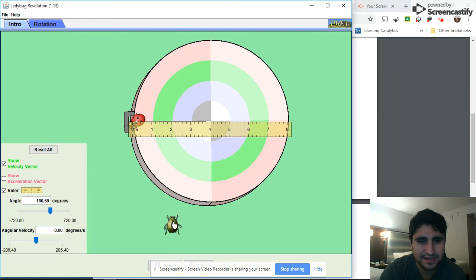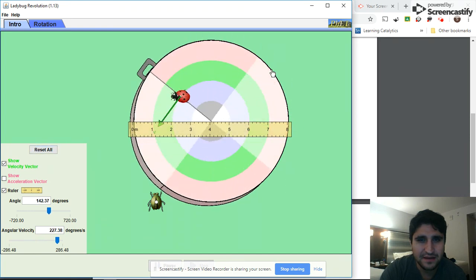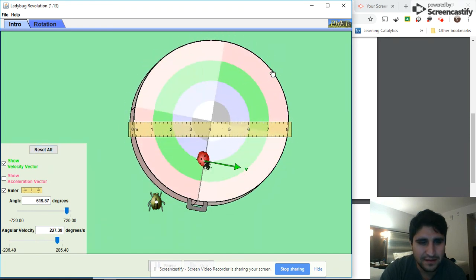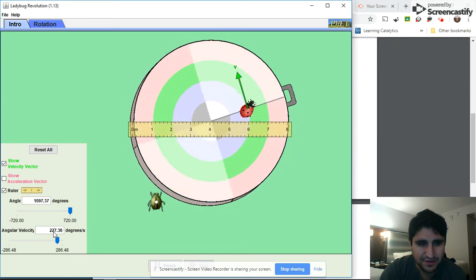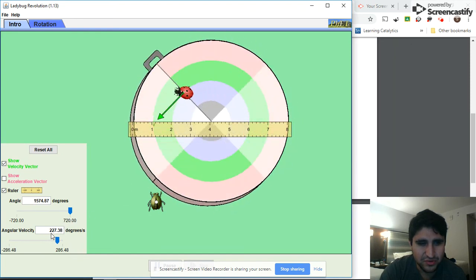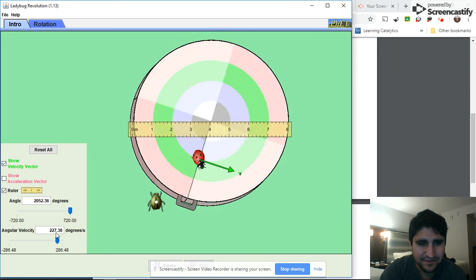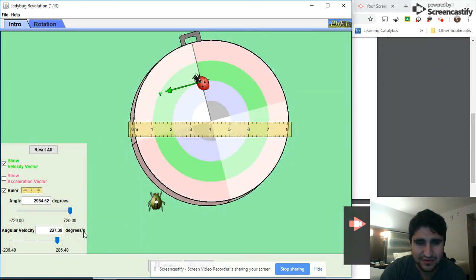Let's just have this bug by itself. I'm going to spin it, and look how fast it's going: 227.3 degrees per second. That's the angular velocity.